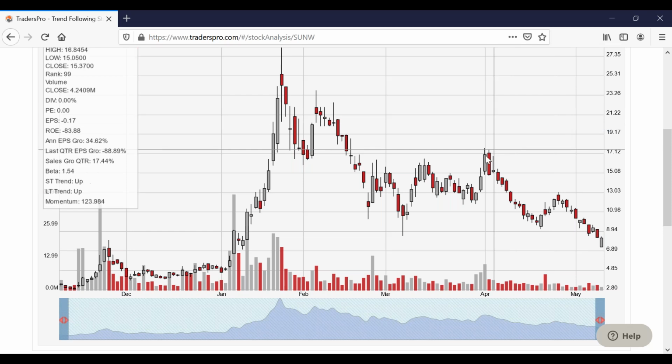Another way I might ignore volume or ignore the extensions is if it fits the larger pattern, like I talked about with that ABC pattern. If I get an ABC pattern on the C leg right there, I get that bullish engulfing pattern, but maybe it's a little bit lighter volume than I'd like, or maybe it doesn't quite engulf the intraday high and intraday low of the day before.